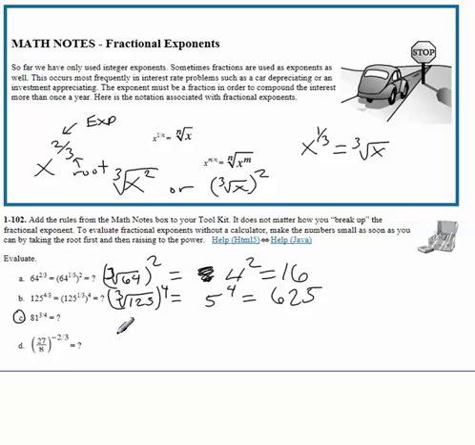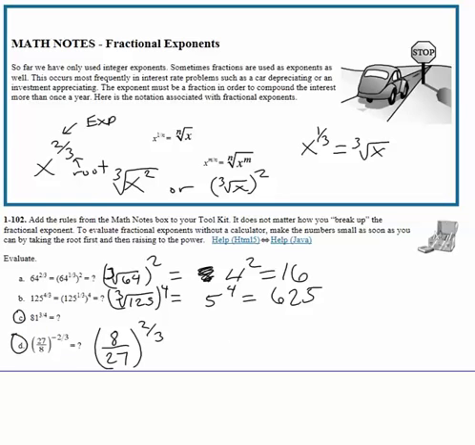So we're going to end up with 8 over 27, and that's all raised to the positive 2/3. It's positive now because we've already taken care of the reciprocal. So you go ahead and finish that one as well. You're going to cube root the 8 and the 27 and then square each of the results and get the final. So you work on those.